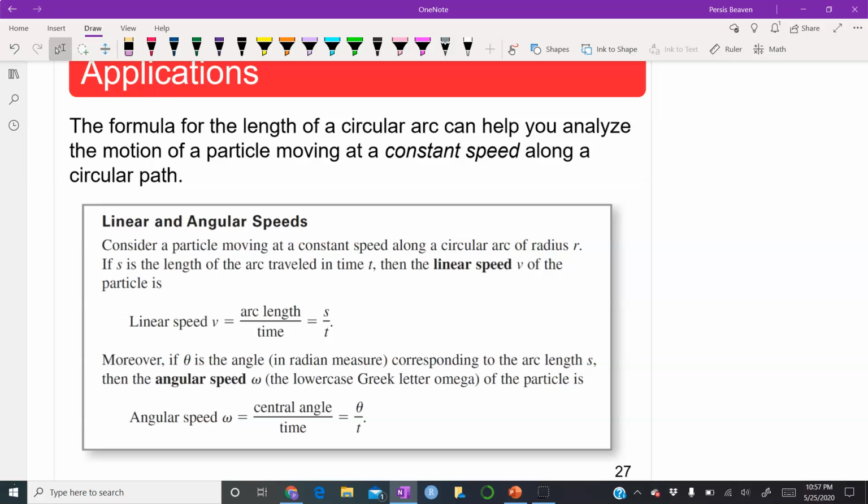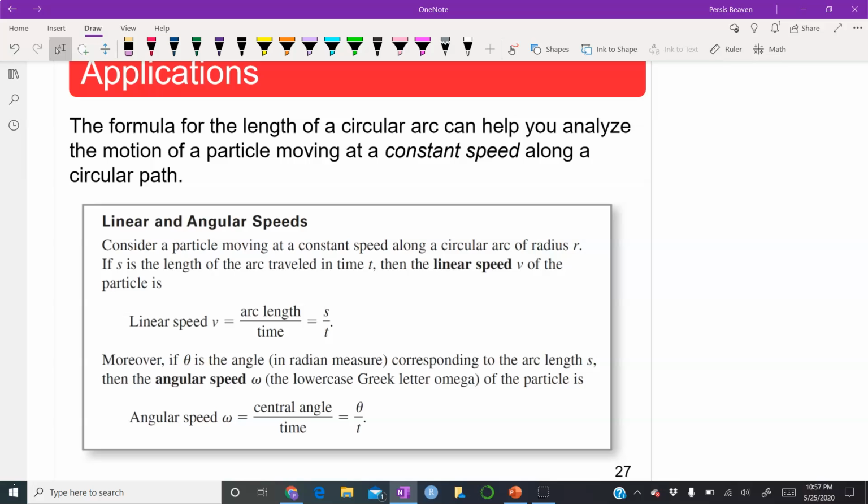Okay, so finally, we have two applications for this section, and one of those is the linear speed, and the other one is the angular speed. And so the formula for the length of a circular arc can help you analyze the motion of a particle moving at a constant speed along a circular path. So consider a particle moving at a constant speed along a circular arc of radius r.